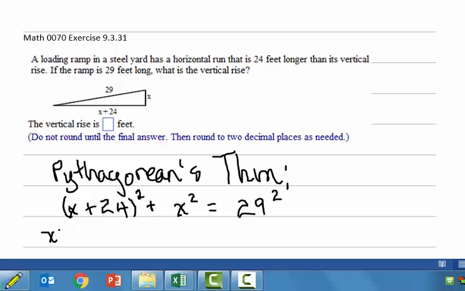And remember, when you square x plus 24, you don't just get x squared plus 24 squared, but you get x squared plus 2 times x times 24 as a middle term.